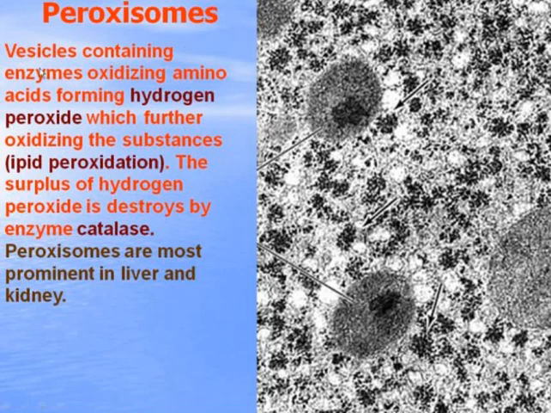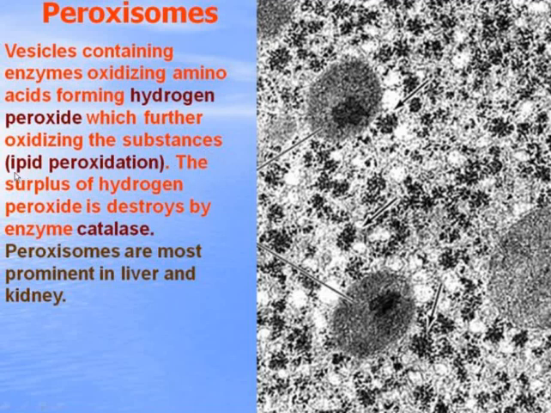Another type of membranous organelles, peroxisomes. The vesicles containing enzymes oxidizing amino acids using oxygen. As a result, forming hydrogen peroxide or an active compound, which further oxidizes substances like lipids.